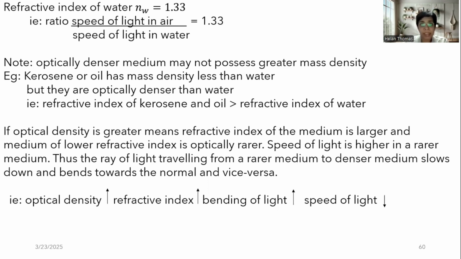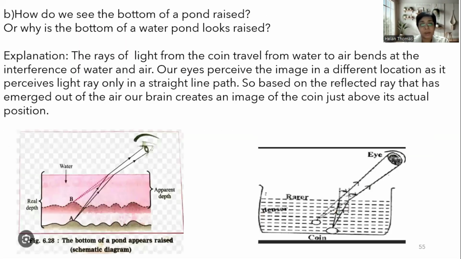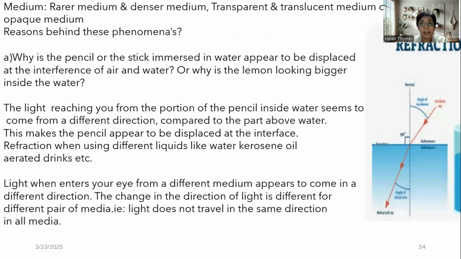We already explained this using refraction, with the bending at the junction of the pencil. The light ray entered a denser medium, so it moved closer to the normal and the speed of light reduced in this particular medium. So in an optically denser medium, the refractive index is higher and the speed of light is less.